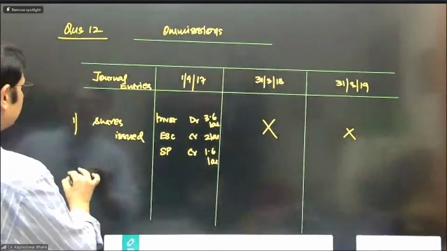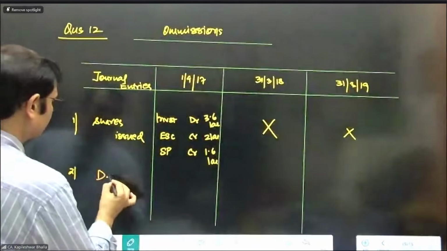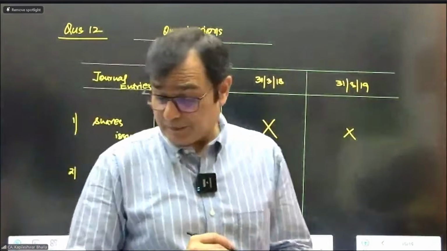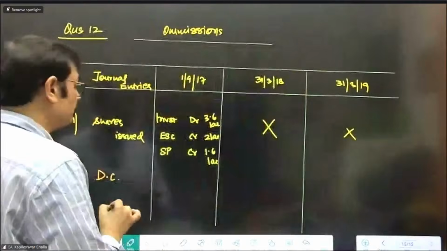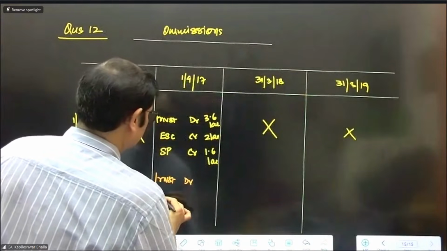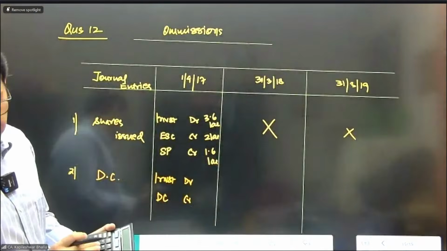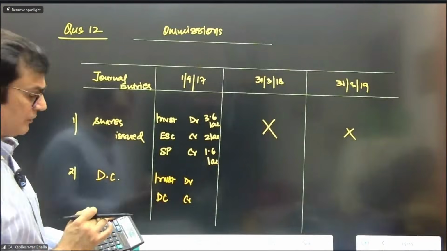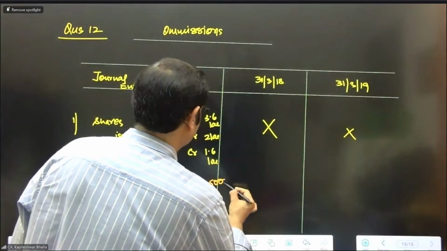Then next we are given the deferred consideration. As far as deferred consideration is concerned, the company agreed to pay 5 lakhs after 3 years. So the entry which would have been done is investment gets a debit and DC gets a credit. We will discount this 5 lakhs at 10%. That's 3 lakhs 75.